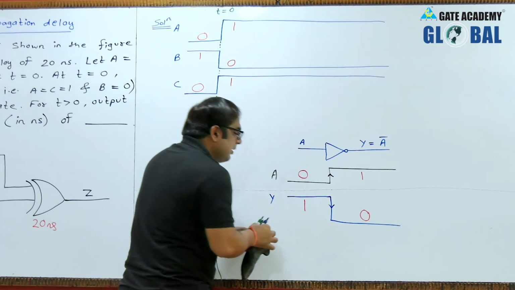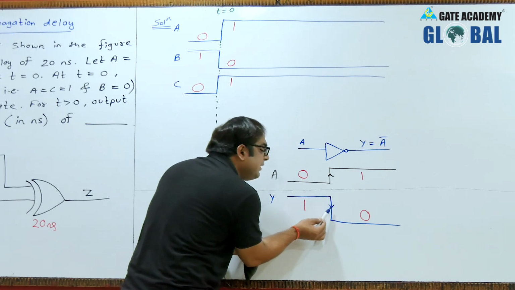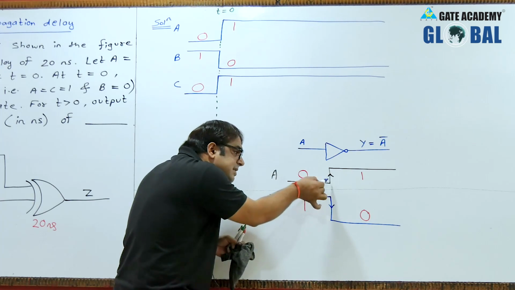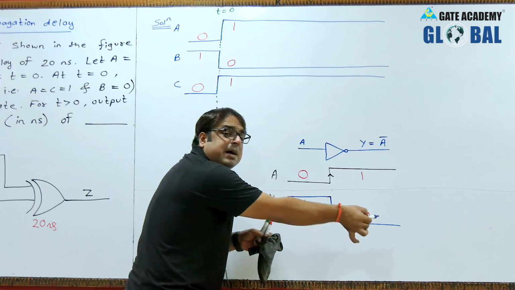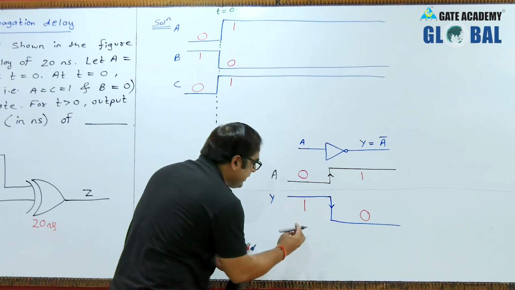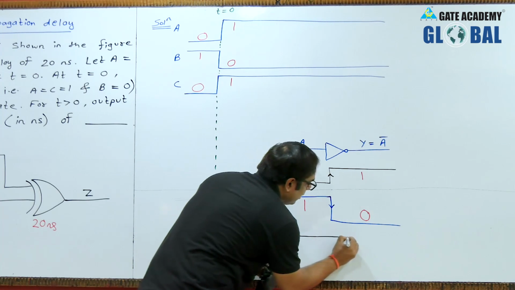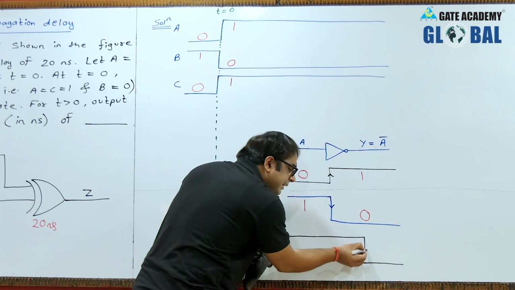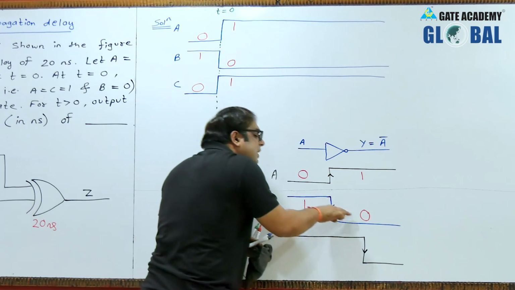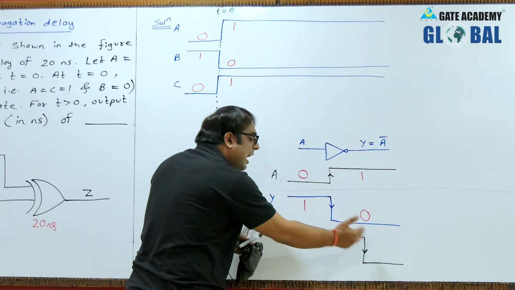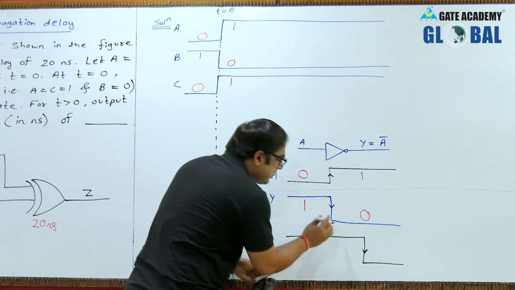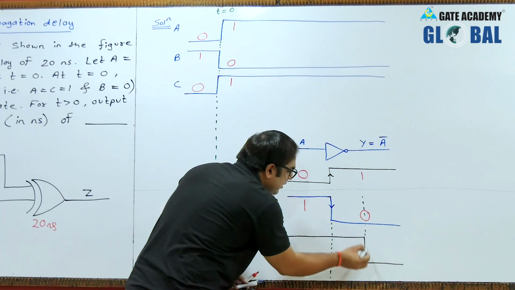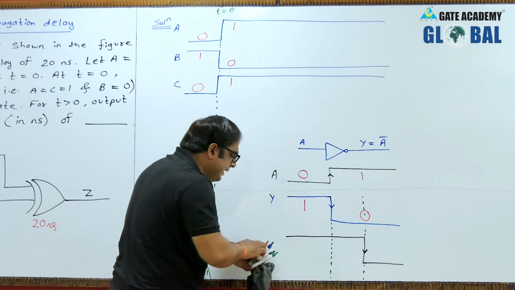For example, output will definitely take a transition from logic high to logic low, but not at the same moment, but sometime after that. Means I can show it like this. So output will definitely take a transition from logic high to logic low, but after some time. So this time difference is basically called propagation delay.